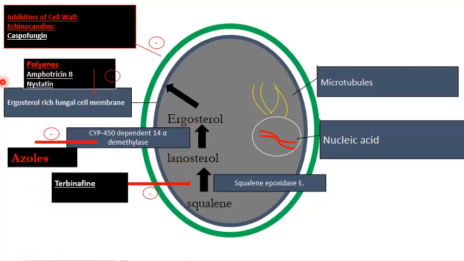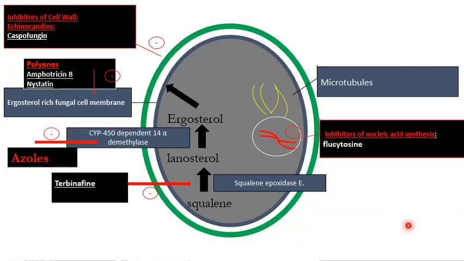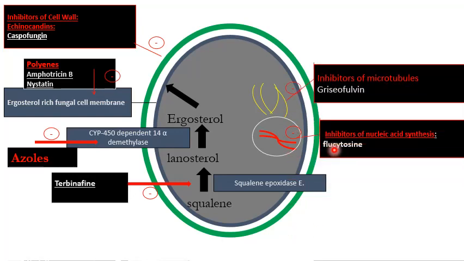Another group of drugs is called the polyenes, like amphotericin B and nystatin. These drugs make artificial pores in the cell membrane, which leads to the leakage of important cellular structures and to the destruction of the fungal cell. The nucleic acid is inhibited by a drug called Cytosine, and the microtubules are inhibited by griseofulvin.